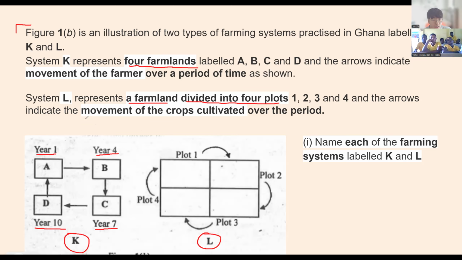And the arrows indicate the movement of crops cultivated over the period. So this might be a little bit difficult, but can you guys name each of the farming systems? What type of farming systems are K and L, do you think?